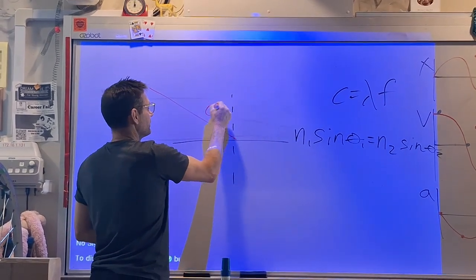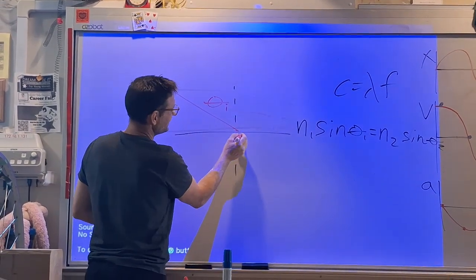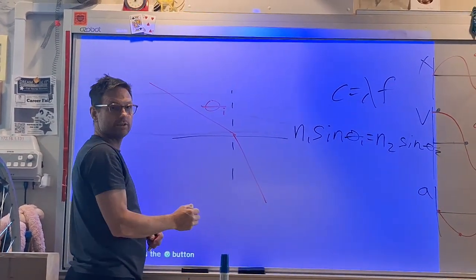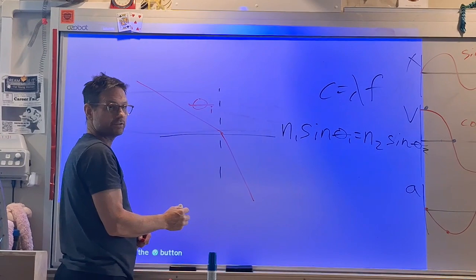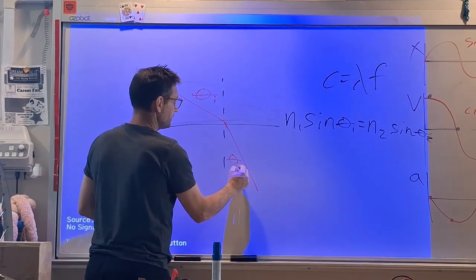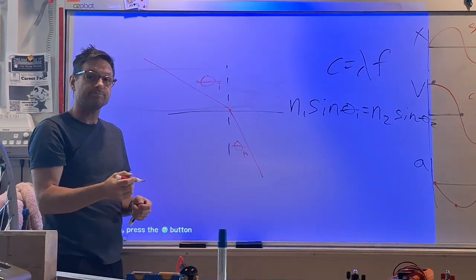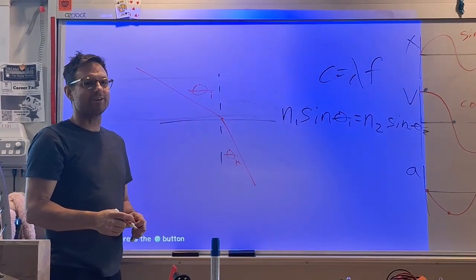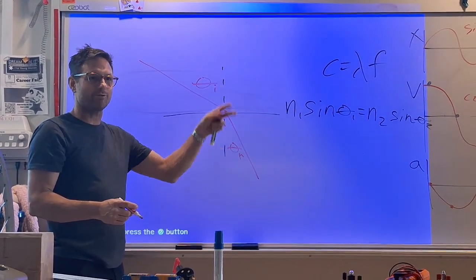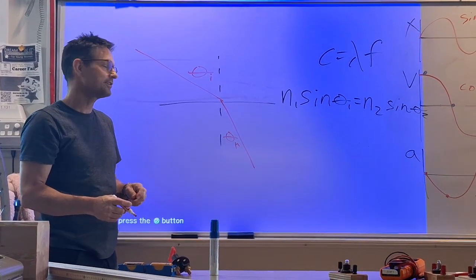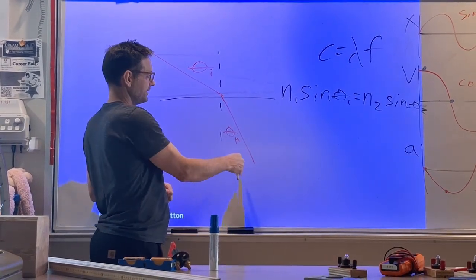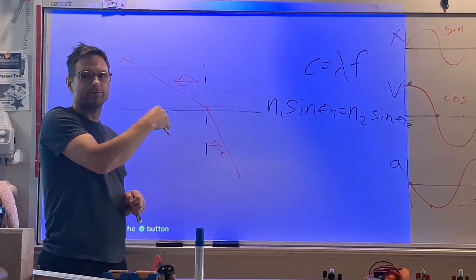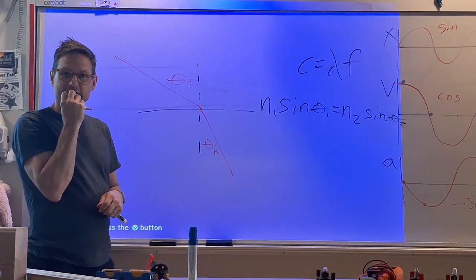This would be your angle of incidence, and then you always bend towards the normal, right? So what's the angle of refraction? This one. Well, that's only if it's denser. Yeah, I suppose that's true. If it's less dense, it's going to bend away from the normal. So if it's a more dense material, you get more refraction towards the normal.